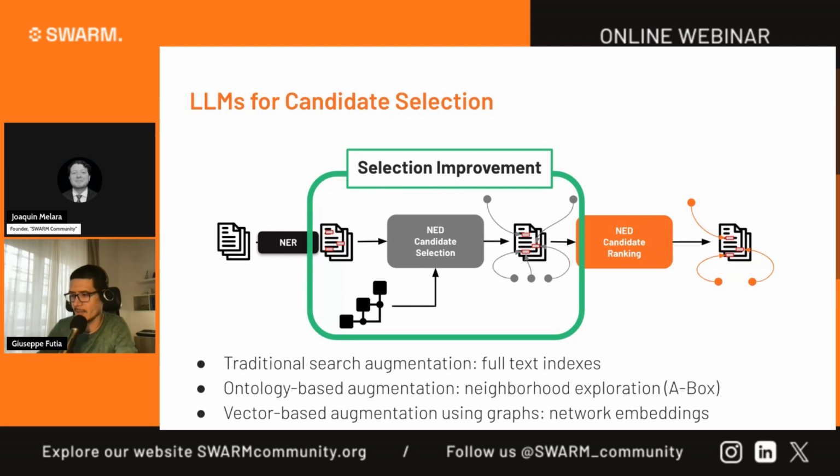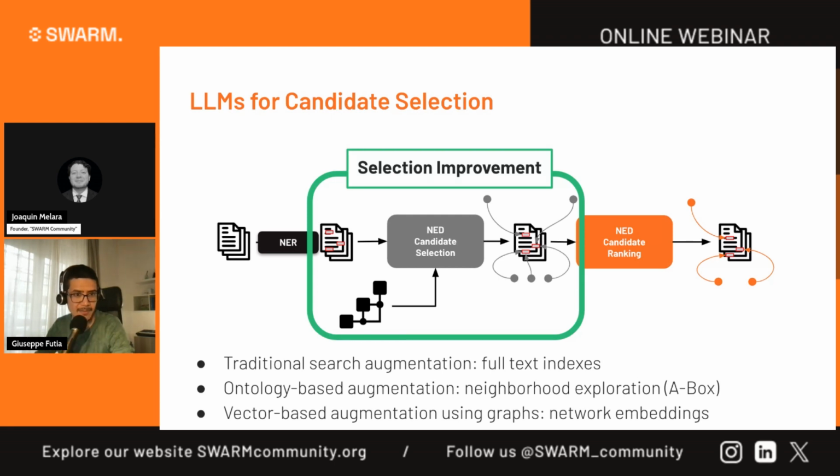So in this case, we can potentially augment the knowledge of LLMs by leveraging trivial techniques like full text indices. We can potentially leverage the ontology, right? Exploiting, for instance, the neighbors related to a specific entity. So we can get not only the entity itself, but also its neighbors, right?